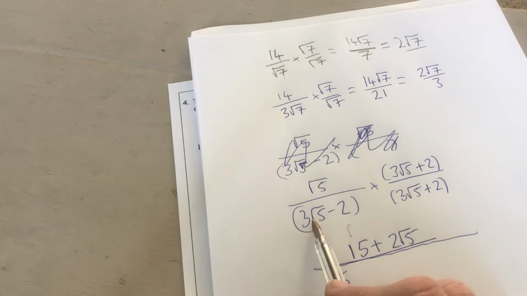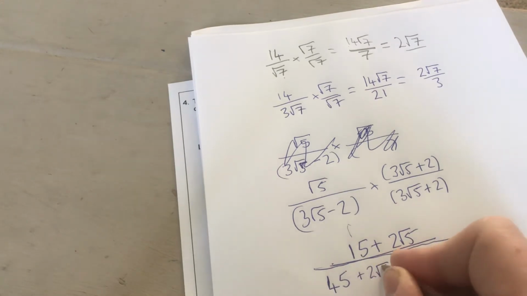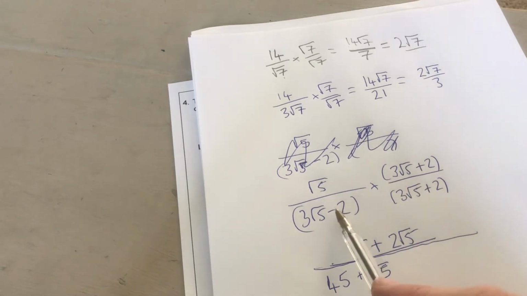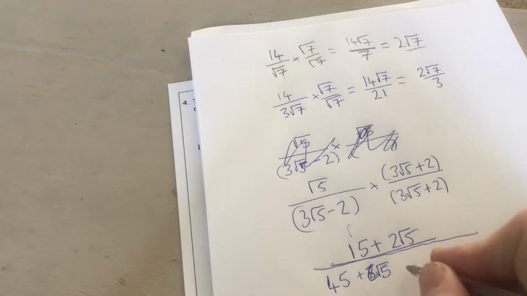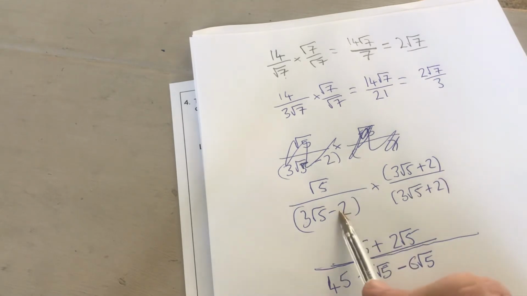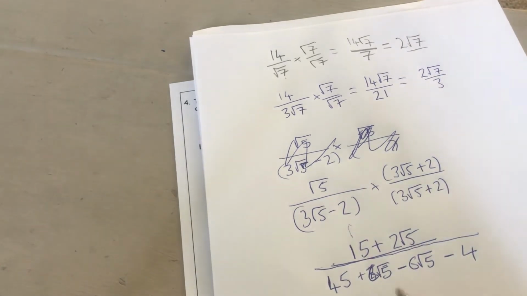Now this is how we get rid of the root. 3 root 5 times 2 plus 2 plus 6 root 5, minus 2 times 3 root 5 minus 6 root 5, and then minus 2 times 2 minus 4.